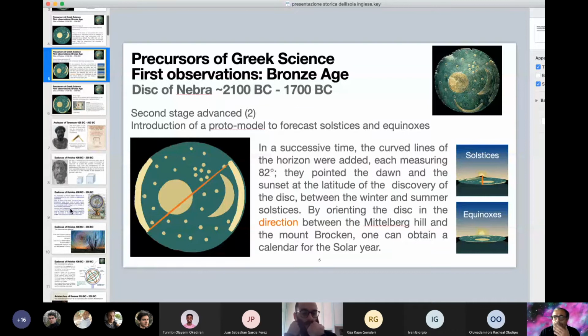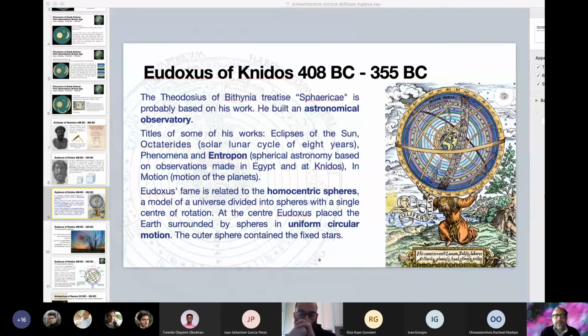Okay, so what is interesting is that the fixed stars are observed every day of the year, always in the same position, at least in the human lifespan. We will see that this is not exactly true. So Eudoxus was considering the outer sphere.